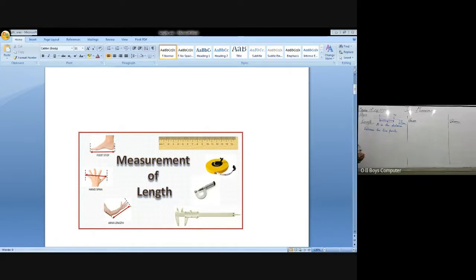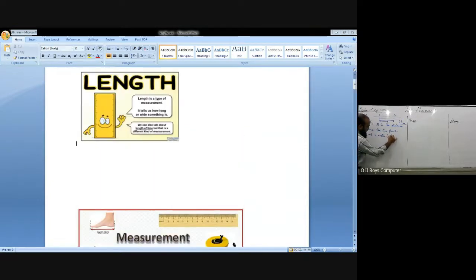So we should know how we will convert these lengths from one unit to another. The SI unit used to measure the length is the meter, and it is presented by the symbol M.